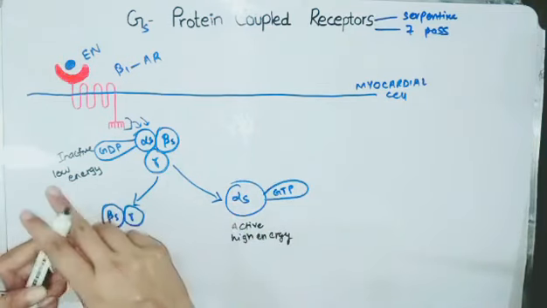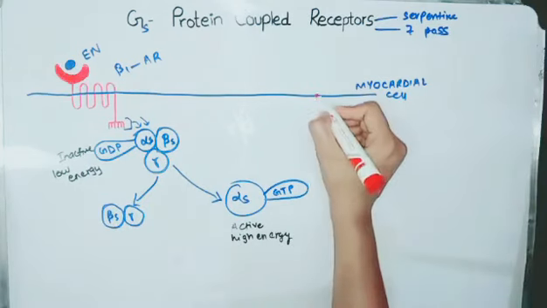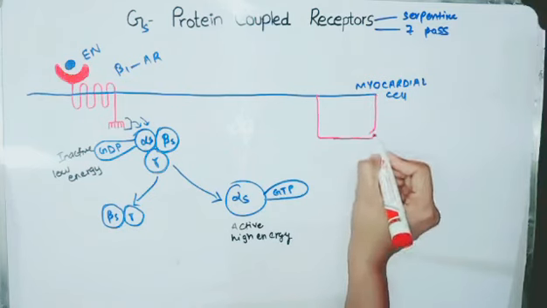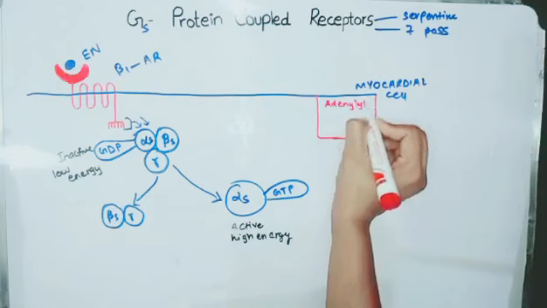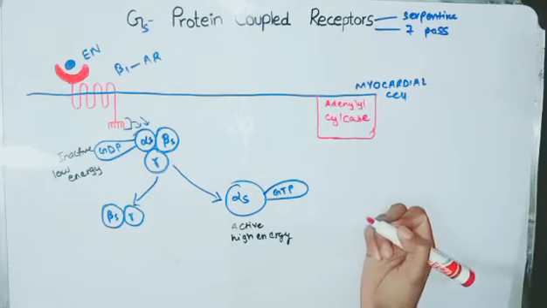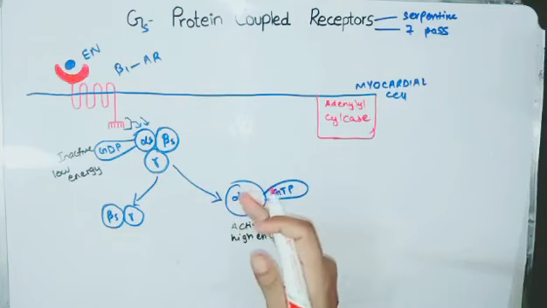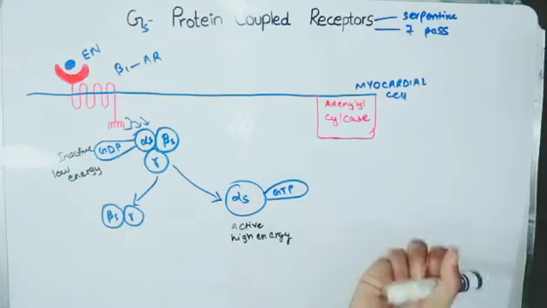This alpha subunit will now carry the signal to the effector molecule, effector protein basically. That is adenylyl cyclase, and adenylyl cyclase is basically an enzyme that converts ATP into cyclic AMP or cAMP, which is a secondary messenger.